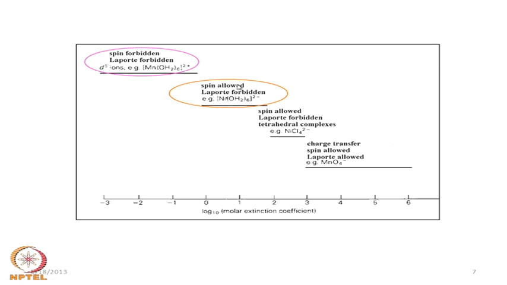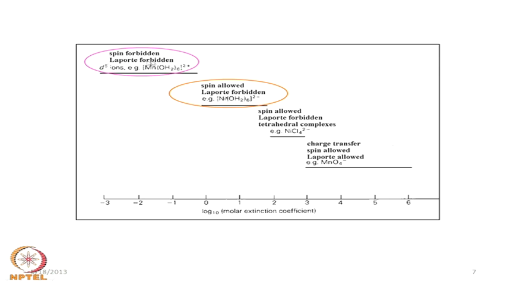But when we move to another octahedral molecule which is also hexaaqua, nickel hexaaqua 2+, in this particular case the excited level is spin allowed, that means of the same spin type, but again it is a d-d type of transition. So, it is Laporte forbidden.